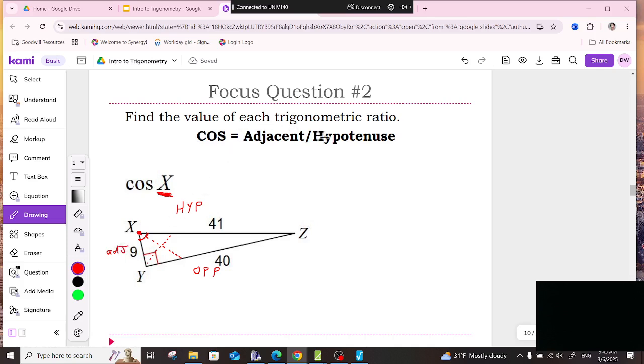Now that I have everything written out, adjacent is what? 9. And hypotenuse is 41. Am I going to use the 40? No. Cosine x is equal to 9 over 41. Again, I can't reduce this fraction, but if I could, I should always reduce my fractions. 41 is what we call a prime number. Do you know that all your security codes and security on the internet is all based on prime numbers, by the way?